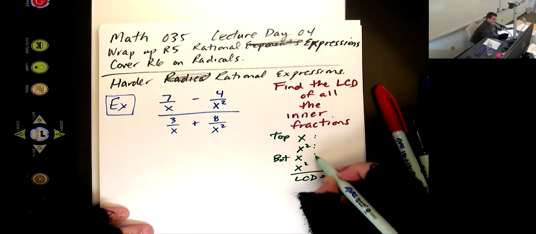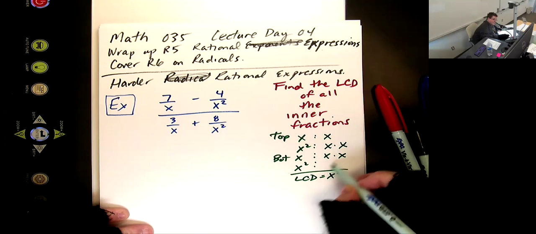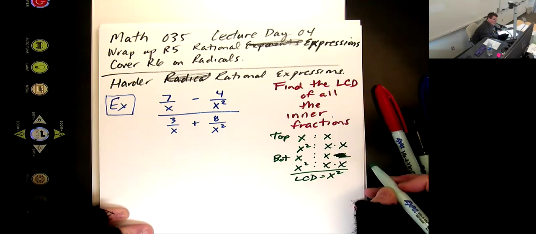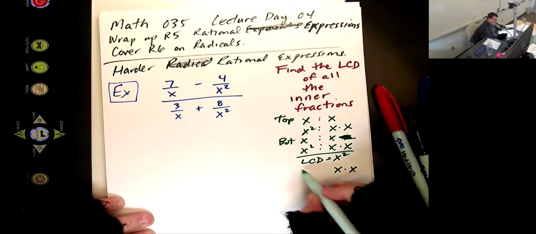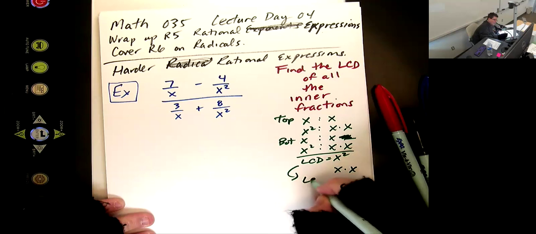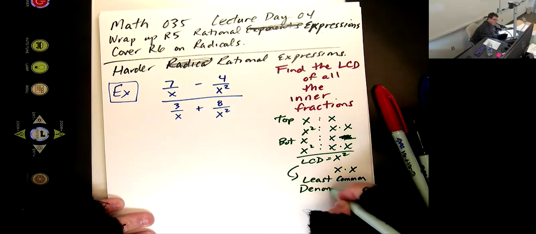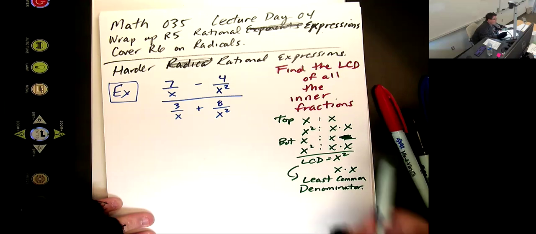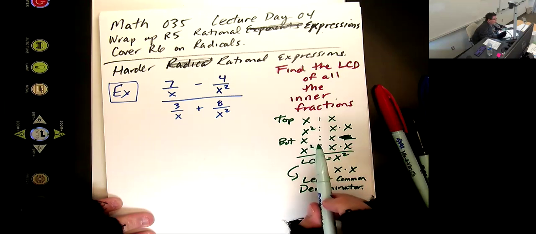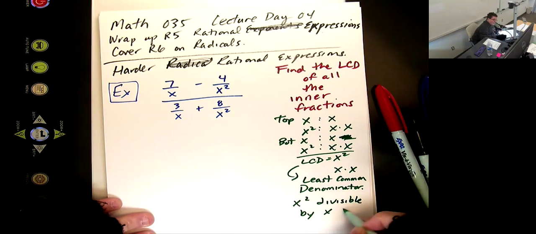One way is we do the factorization of them and take one from each column. The other is that LCD is least common denominator, so we're looking for some term that all of these divide into. So x squared is divisible by x and x squared.